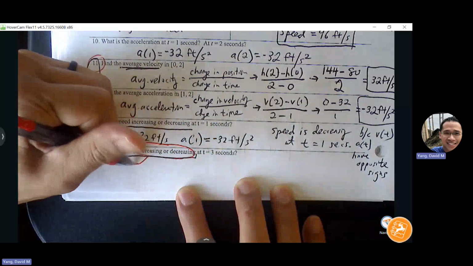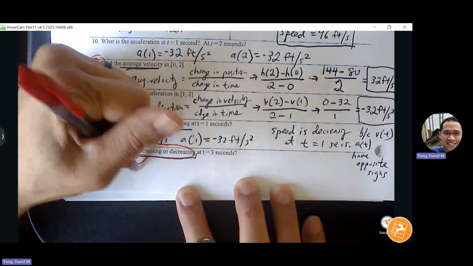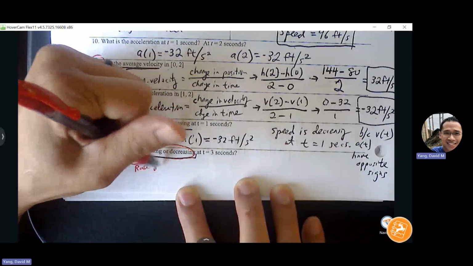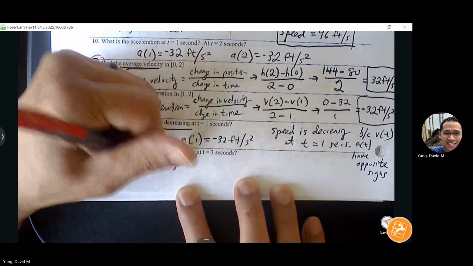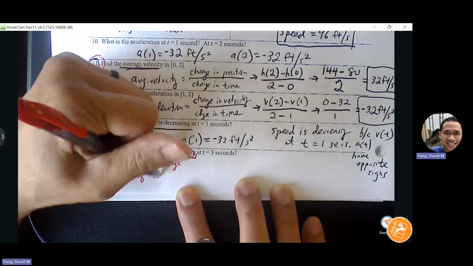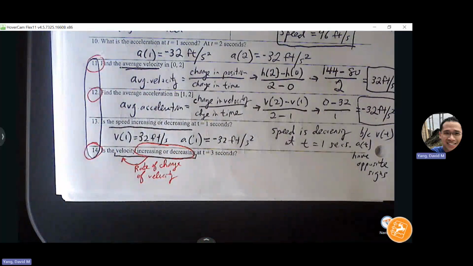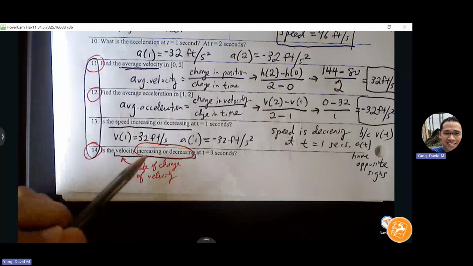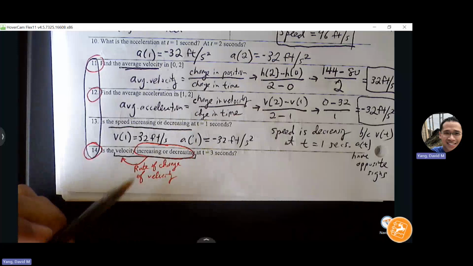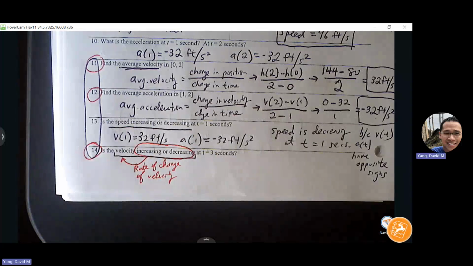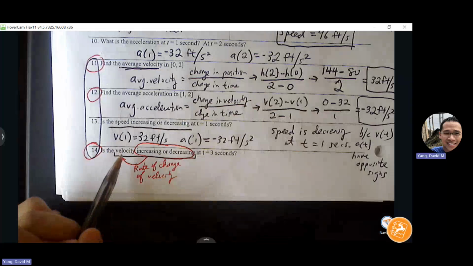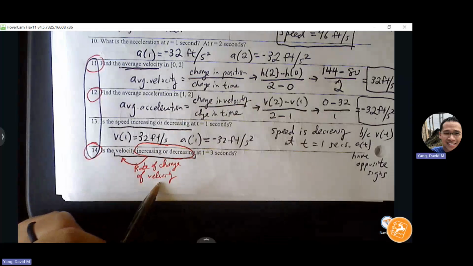It's talking about the rate of change of velocity because we see that word increasing, decreasing attached to it. This is something the AP exam likes to do. They like to use increase, decrease to see if students can see that it's talking about something other than what's being mentioned. So what's the rate of change of velocity? We define that as acceleration.